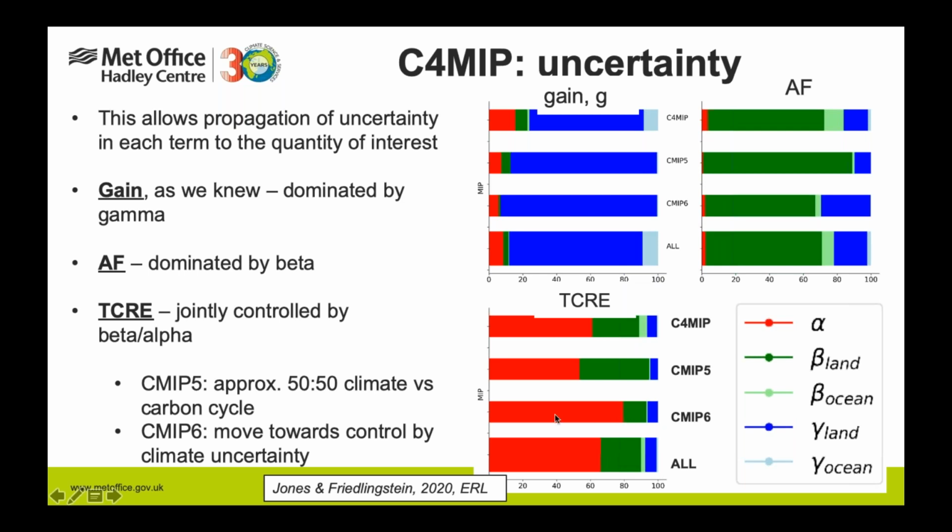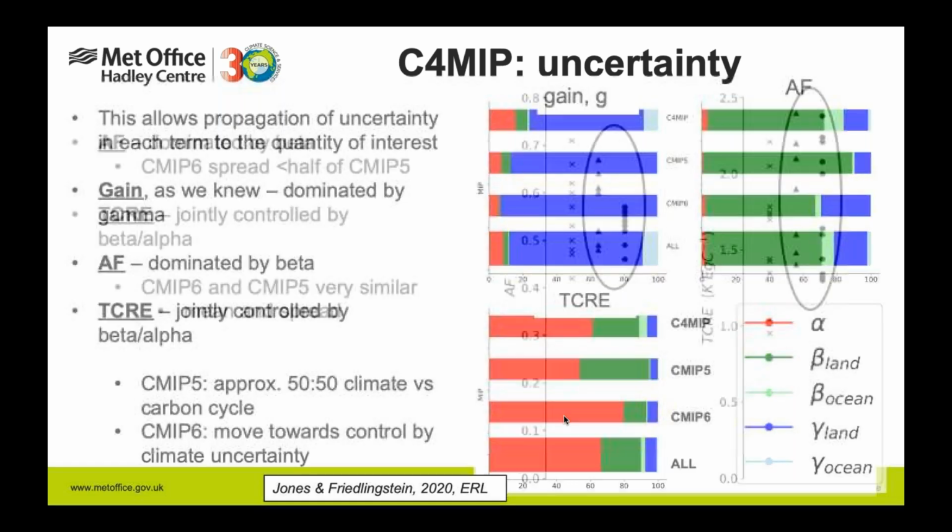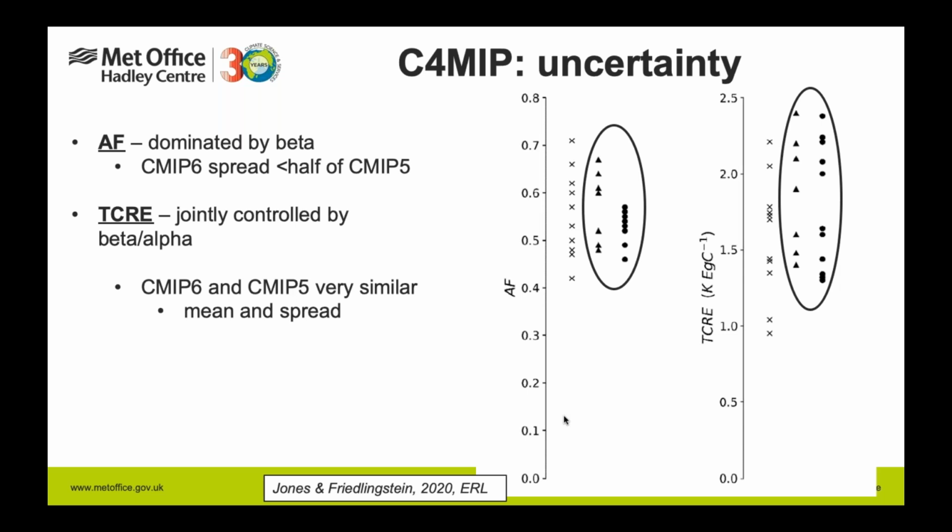The CMIP6 bar here is now much more dominated by the climate uncertainty. This is a combination of greater spread in model climate sensitivity and reduced spread in the carbon response to CO2. That's quite a shift in these results. Although, interestingly, the spread in TCRE is not actually that different from before.